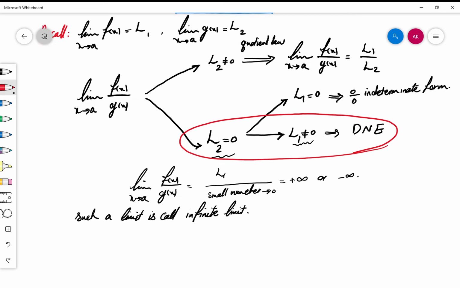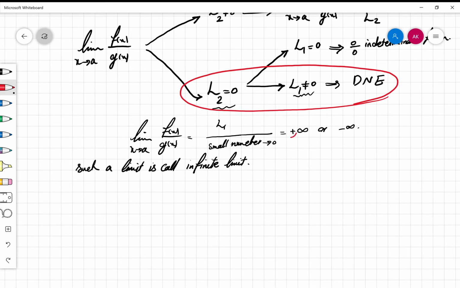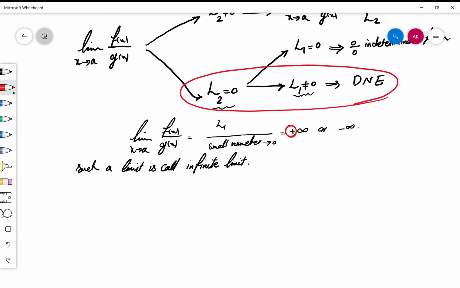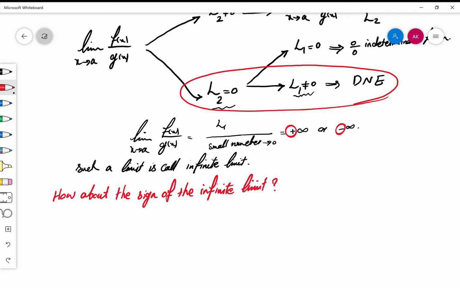But how do we know if it is positive infinity or negative infinity? So let me just write it here. How about the sign of the infinite limit? How about the sign of infinite limit?